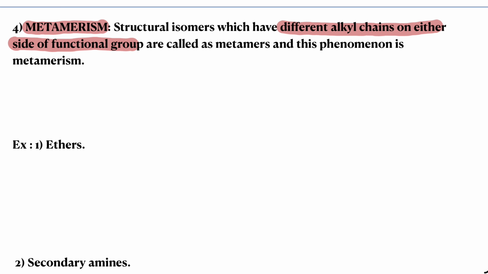So, in order to understand the definition of metamerism, let me take an example here. I am taking oxygen as the functional group, the ether functional group, and here on one side I am taking an alkyl chain, an ethyl group. Here also I am taking an alkyl chain, that is an ethyl group. So in this structure, the functional group is attached to two ethyl groups. I am writing another structure, but on one side it has a methyl group, on the other side it has a propyl group.